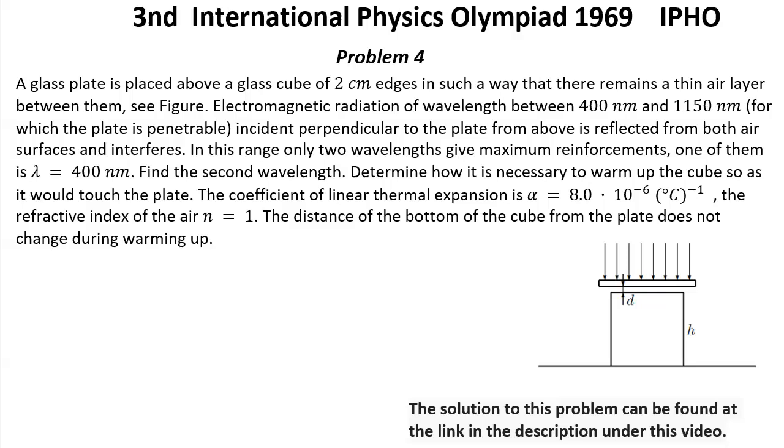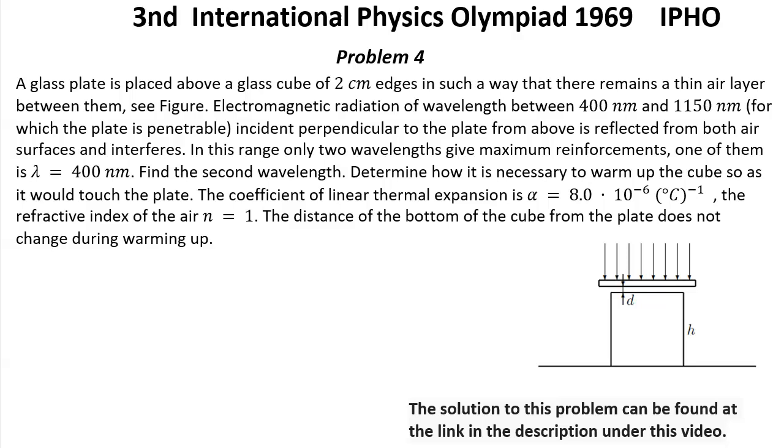Electromagnetic radiation of a wavelength between 400 nanometers and 1150 nanometers, for which the plate is penetrable, incident perpendicular to the plate from above is reflected from both air surfaces and interferes. In this range, only two wavelengths give maximum reinforcement. One of them is lambda equal 400 nanometers.